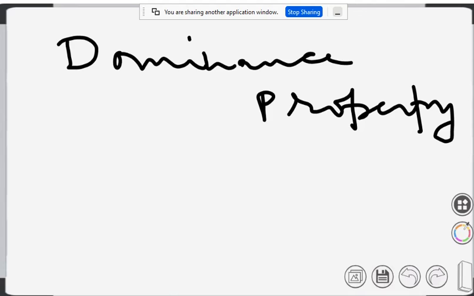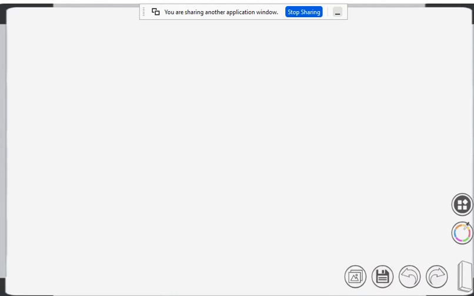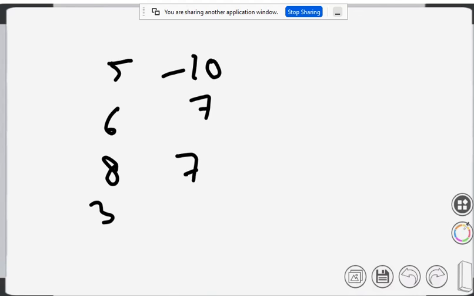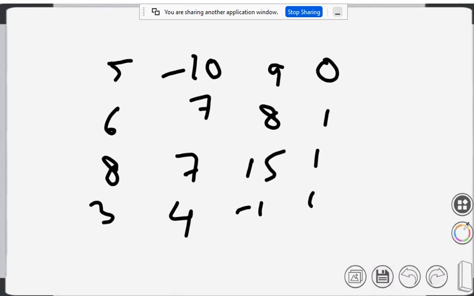Let's have a matrix like this: 5, 6, 8, 3; then minus 10, 7, 7, 4; 9, 8, 15, minus 0; 1, 1, 4.